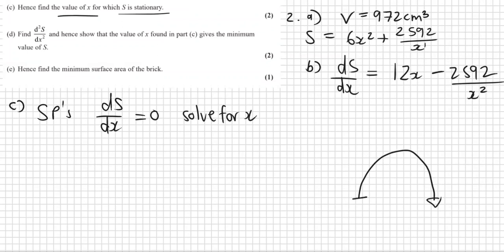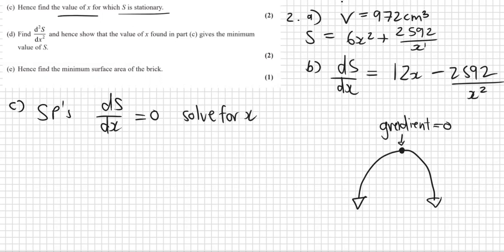And if we had a curve, for example, this quadratic curve, the first derivative, the gradient of the curve at the turning point, at the stationary point, is equal to 0 there. So at this point here, the gradient is 0.